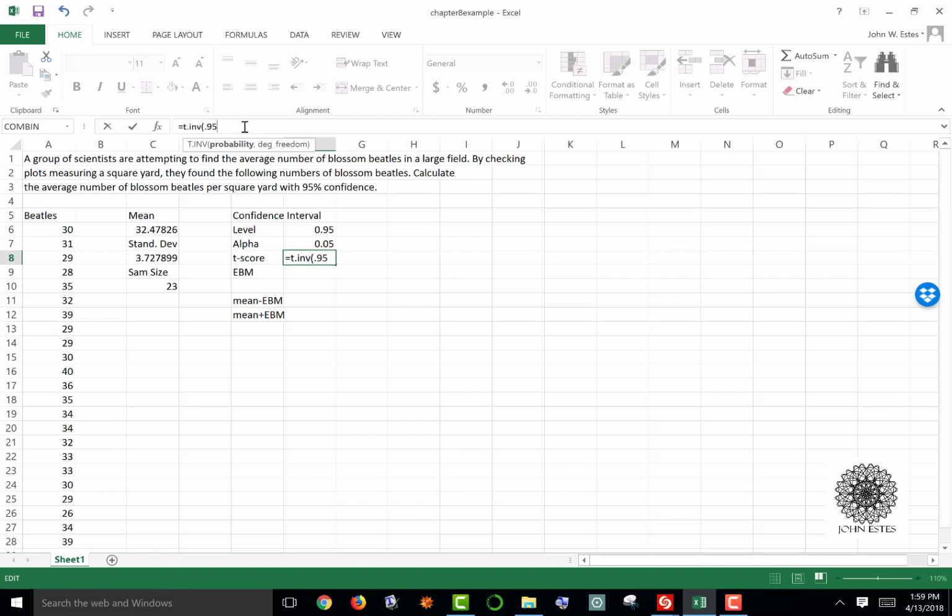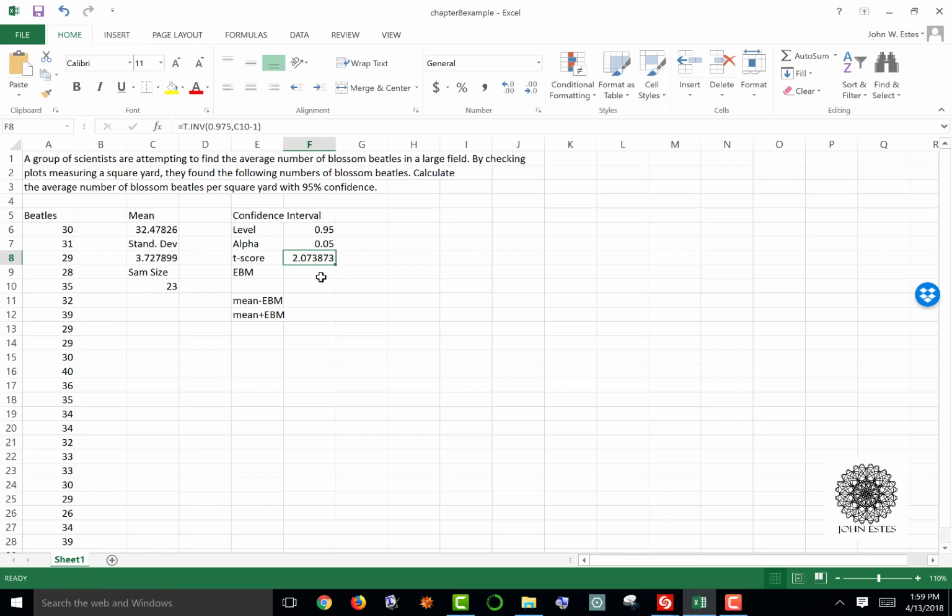So that's going to be a 97.5% probability. And the degrees of freedom is my count, which is C10 minus 1. So there's my t-score. Again, I said 97.5 because at the 95% level, the 95% is in the middle. So at this value or less, you have a 95 plus another 2.5%.